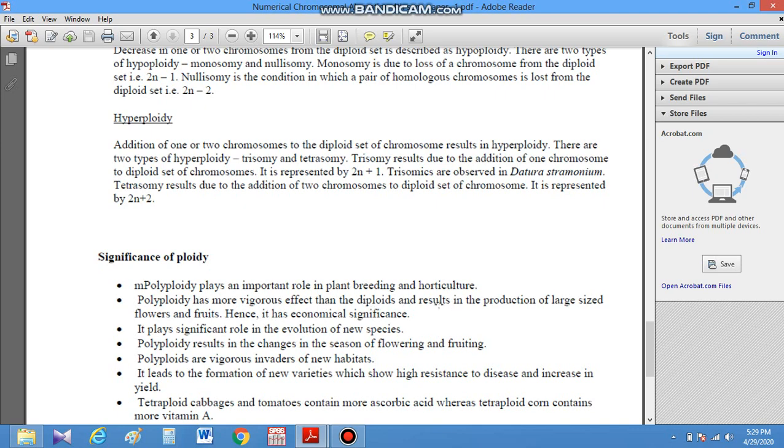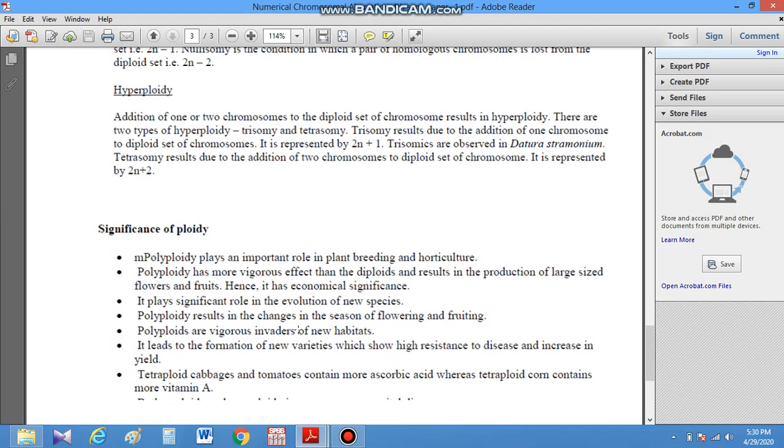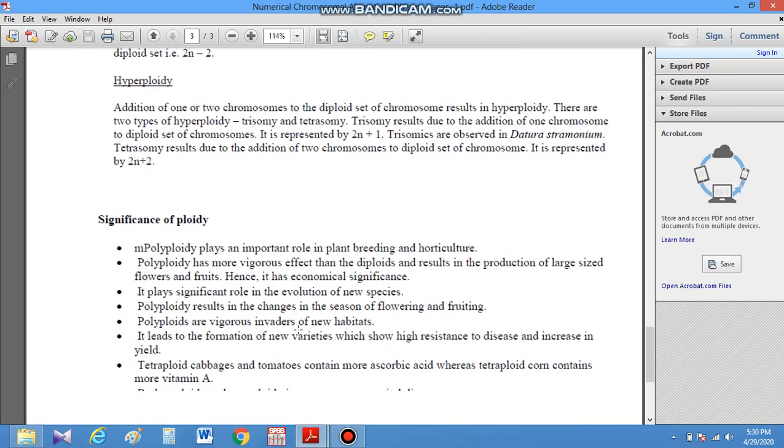They give increased yield and they produce large flowers and fruits. Hence, they are economically very significant and they play a very significant role in the evolution of new species also. Due to this commercial importance, this topic is important from a study point of view.